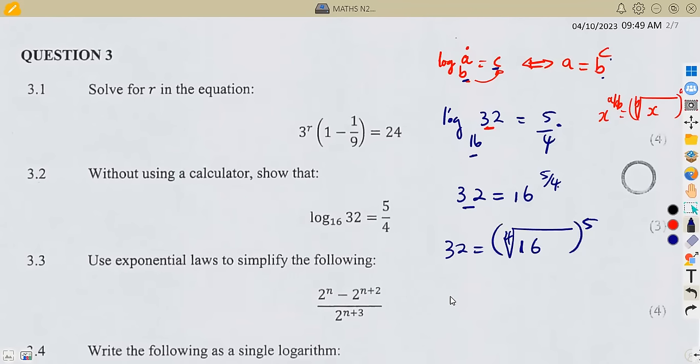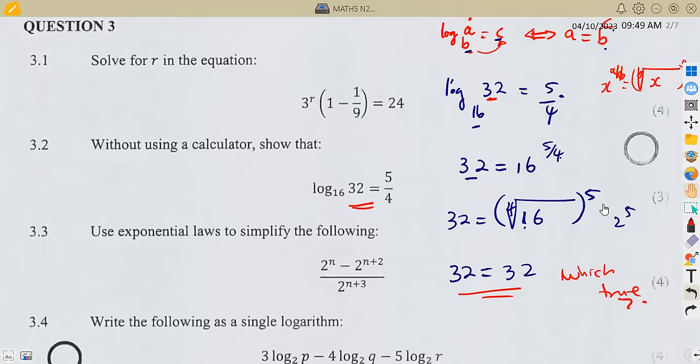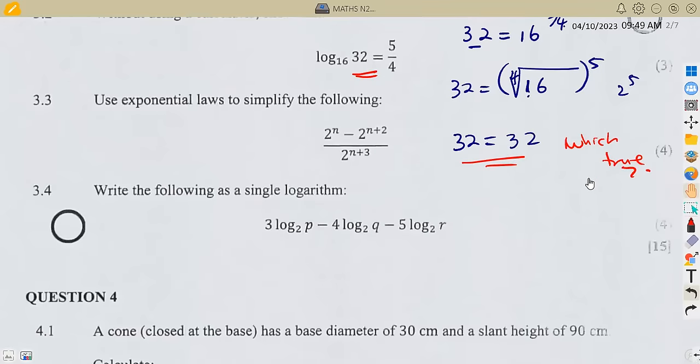The 4th root of 16 is 2, and 2 to the exponent of 5 is 32. As we can see, these two are equal, which is true. So that is how we can simplify such typical questions.